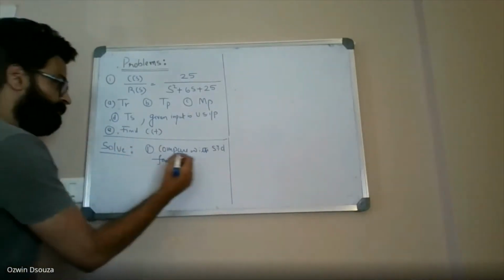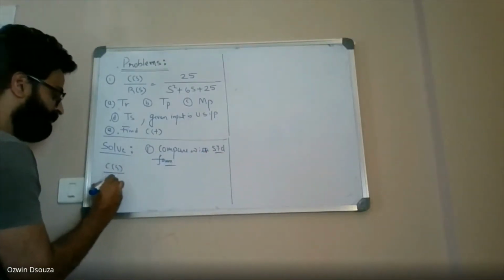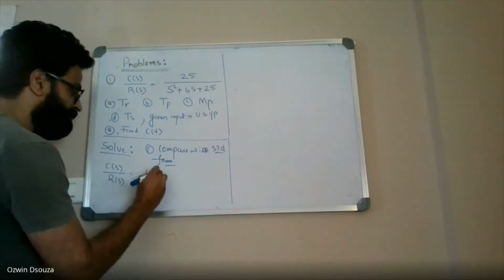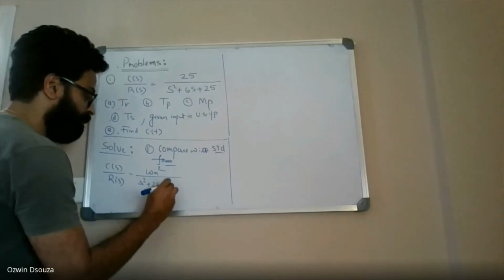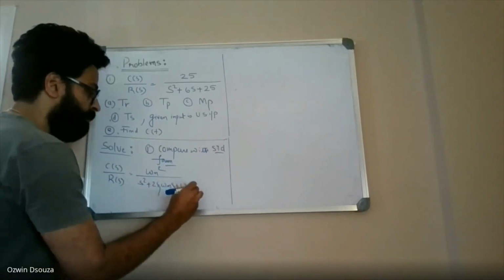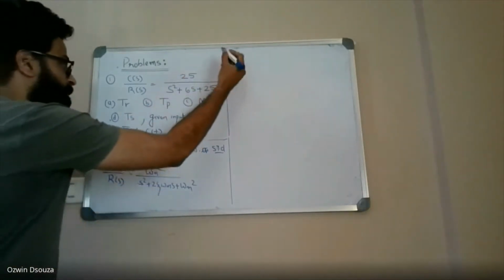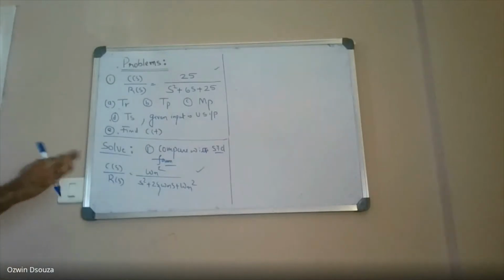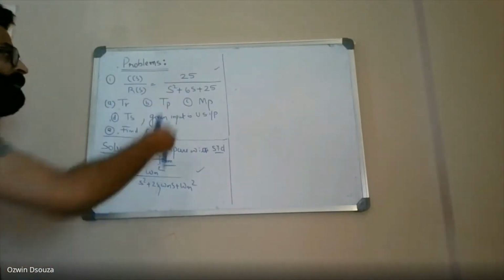So first let us write the standard form or canonical form. That form is omega n square divided by s square plus 2 zeta omega n s plus omega n square. So compare the given transfer function with the standard form. First of all, check whether it is expressed in standard form or not. Yes, it is.